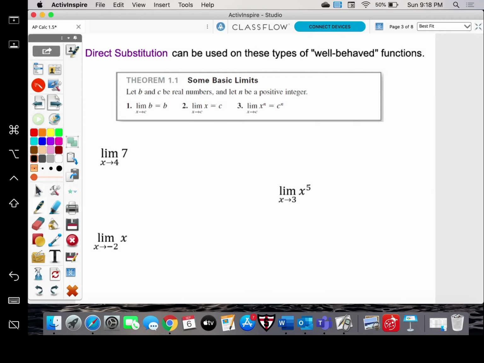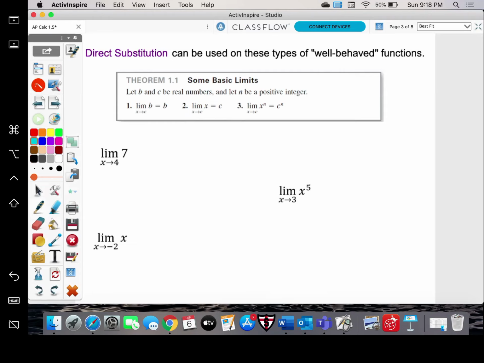Again, we did a direct substitution where we plug whatever c value in for x. And the third one is the limit of x to the nth power as x approaches c, so we get c to the n. It's all a direct substitution, taking that c value and plugging it in for x into the function.